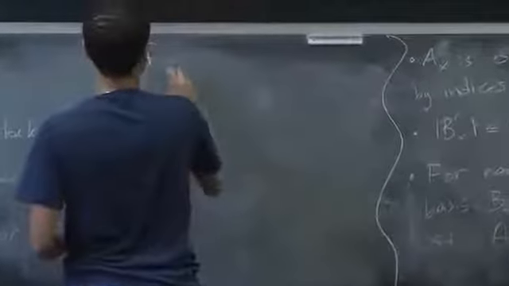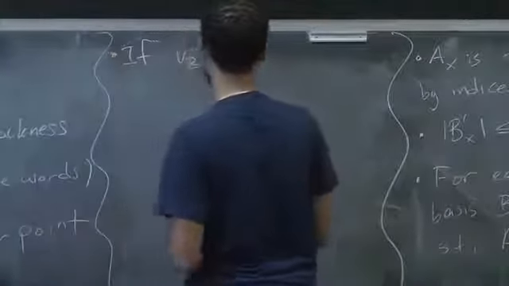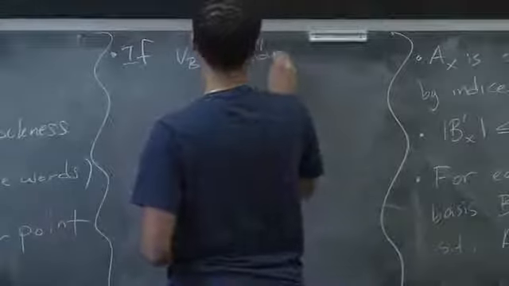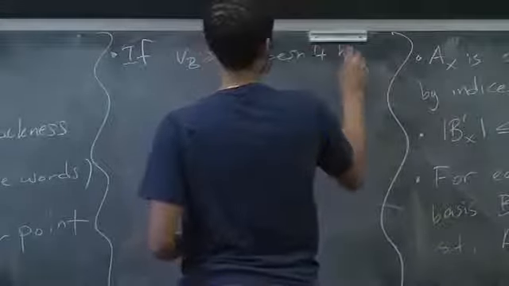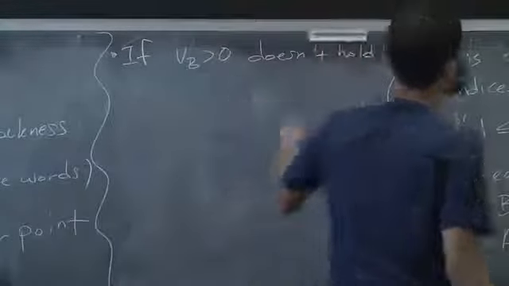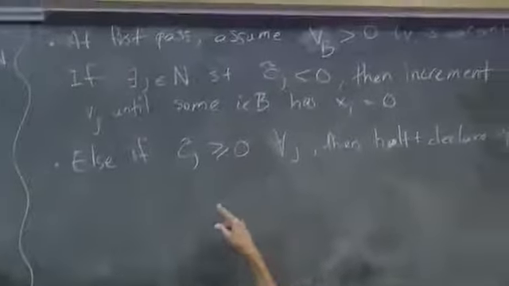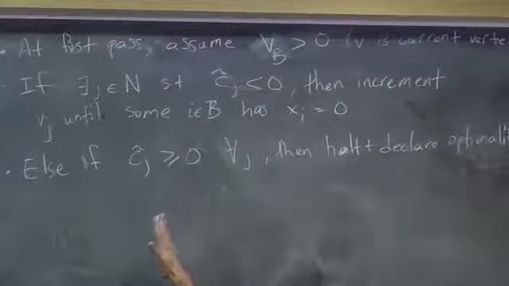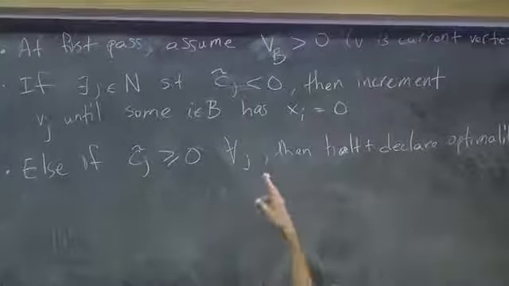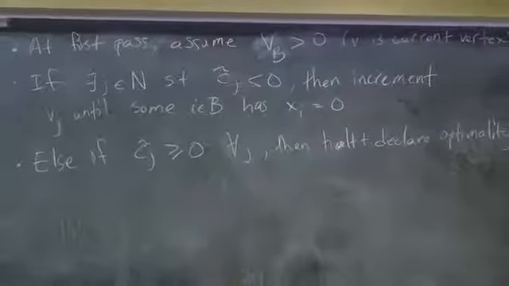So if VB strictly positive doesn't hold, well, this case is still fine. If the reduced cost is non-negative, we know we're still done. The problem is, what do we do if the reduced cost has a negative entry?